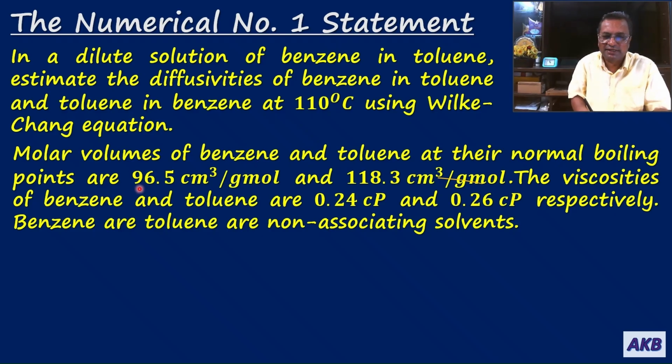For benzene, it is 96.5 centimeter cube per gram mole, and for toluene, it is 118.3 centimeter cube per gram mole. The viscosities of the two components are also provided. For benzene, it is 0.24 centipoise, and for toluene, it is 0.26 centipoise. And benzene and toluene are considered to be non-associating solvents. So let us move ahead.